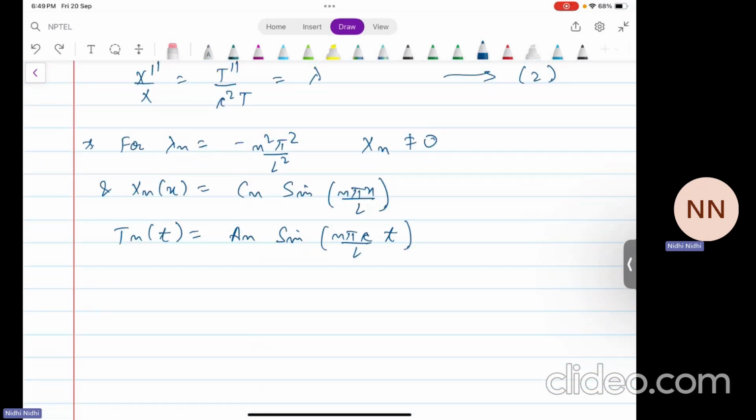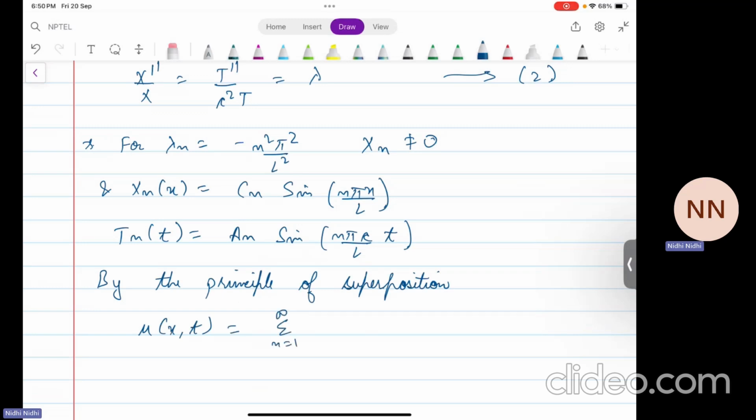So now, by the principle of superposition, we have u(x,t) is equal to the summation from 1 to infinity of some other constant dn times sine(n pi x by L) times sine(n pi c by L t).